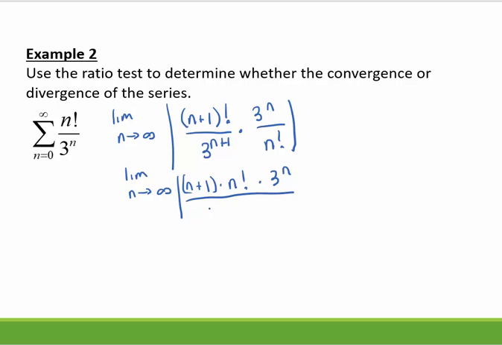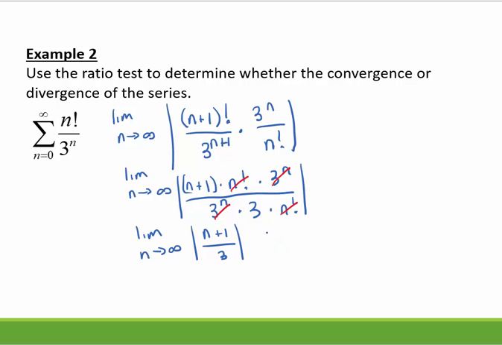On the bottom we have 3 to the n times 3 times n factorial. So now looking at this, n factorials cancel. 3 to the n's cancel. So we get the limit as n goes to infinity of n plus 1 all over 3.